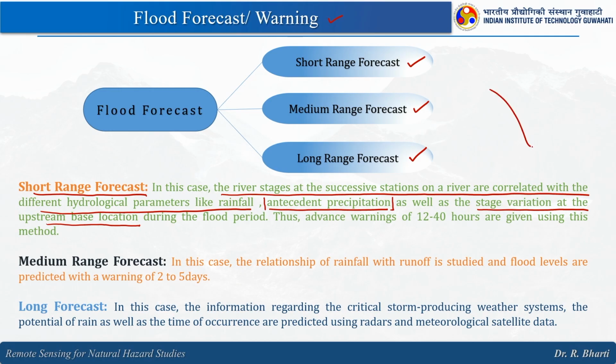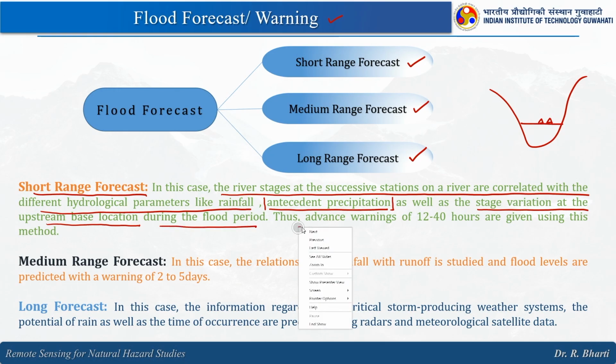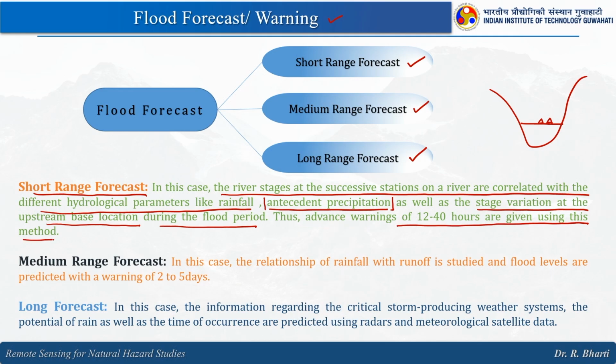Stage variation means in the cross section how it is changing, right. So, during the flood period, advance warning of 12 to 40 hours is given using this method. So, this is called short range forecast. Here we talk about 12 to 40 hours, right.